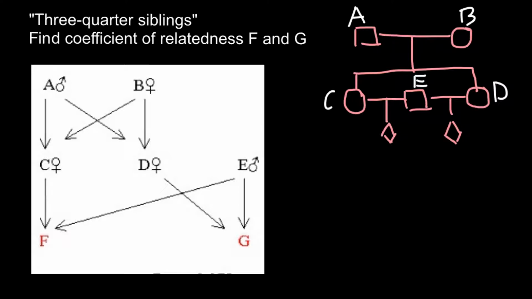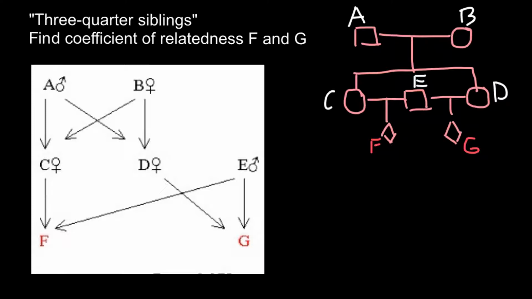So this pedigree is the same as what we see here, and this is child F, and this is child G, for whom we have to find how they relate, what is the coefficient of relatedness. And as I showed you previously, let's first find how many connections we have through the mother side.